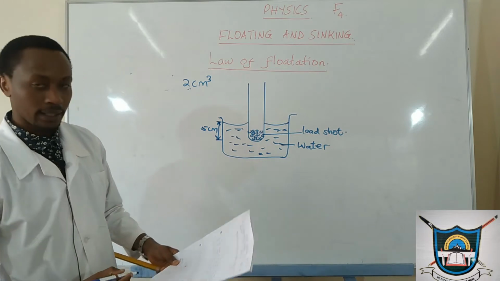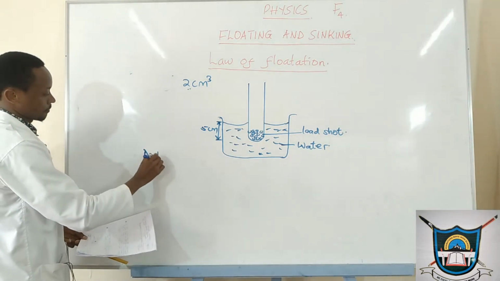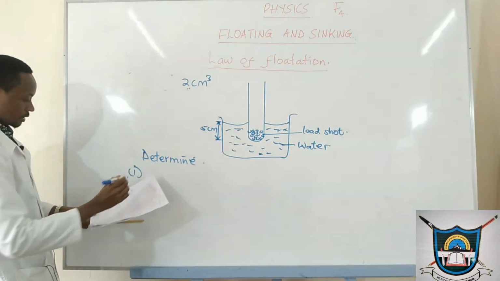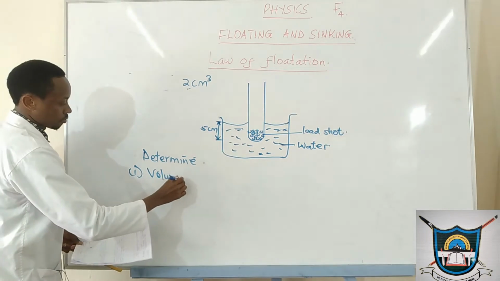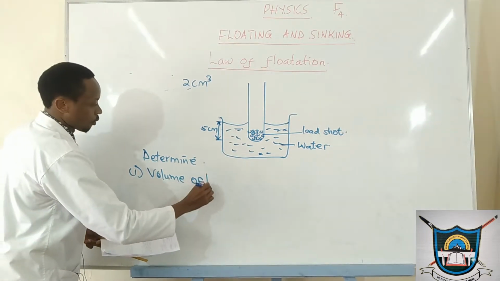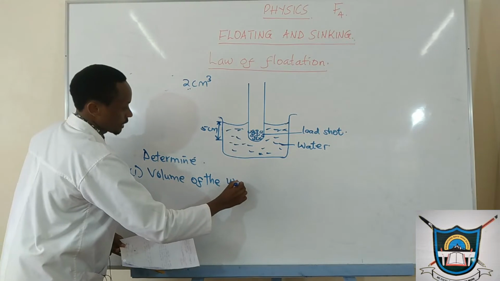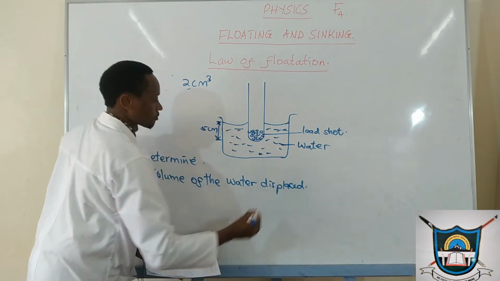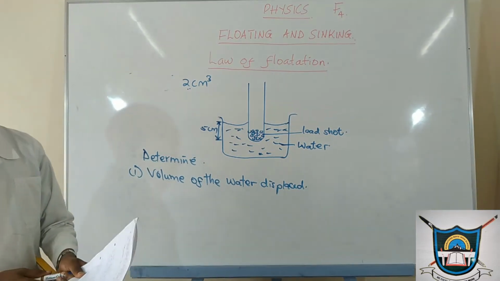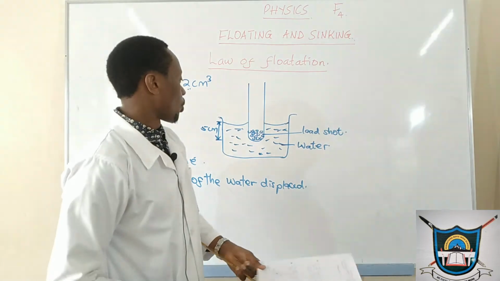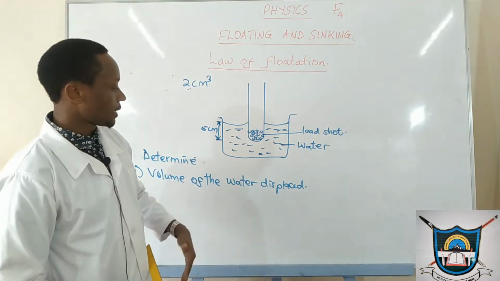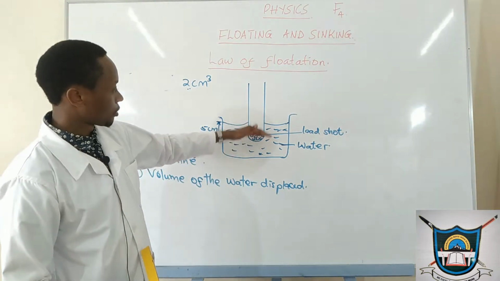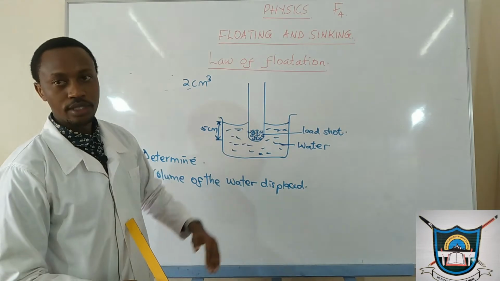You're supposed to determine, number 1, the volume of the water displaced. Now students, we know that when we have an object which is immersed in a liquid, it displaces liquid equal to the volume of that part which is immersed in that liquid.